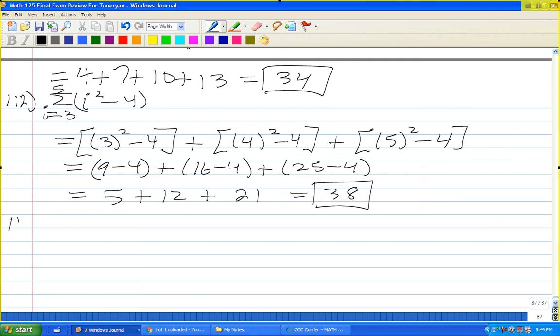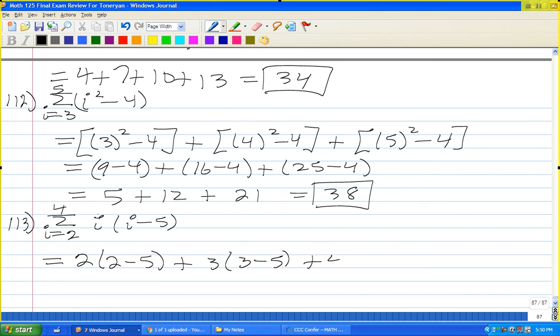Problem 113. Sum i equaling 2 to 4, i minus 5. So this is equal to 2 times 2 minus 5 plus 3 minus 5 plus 4 minus 5 by plugging in for i 2, 3, and 4.